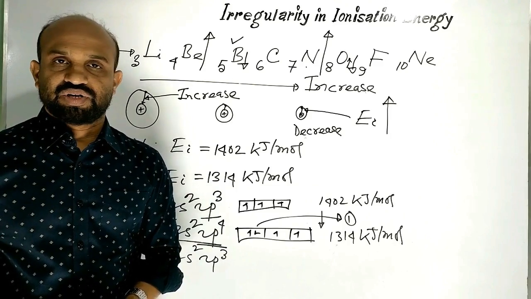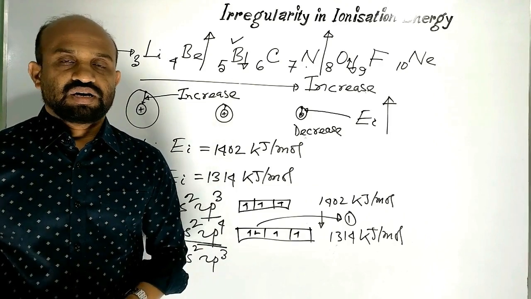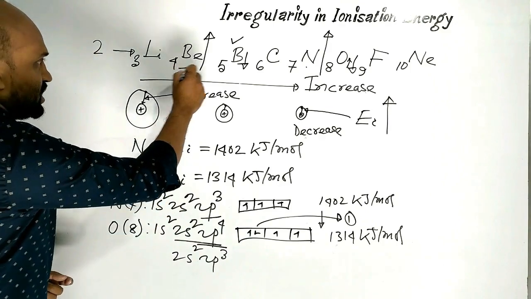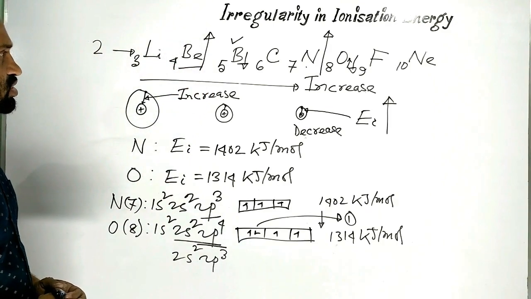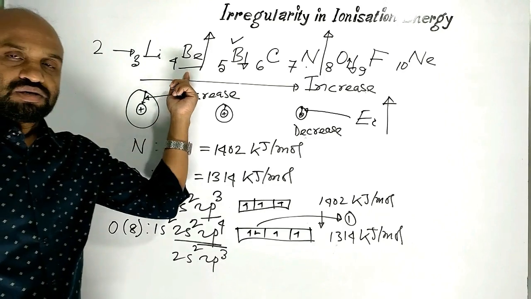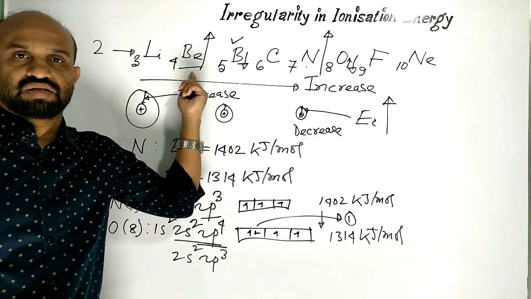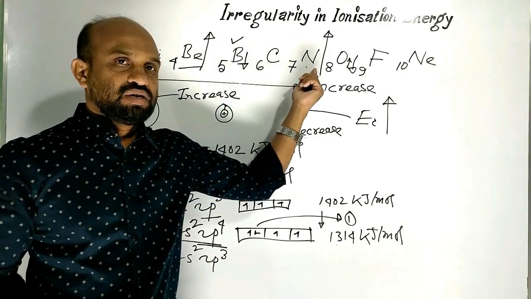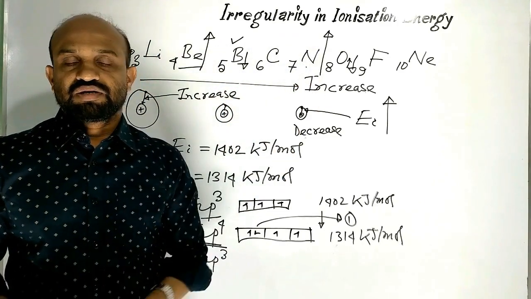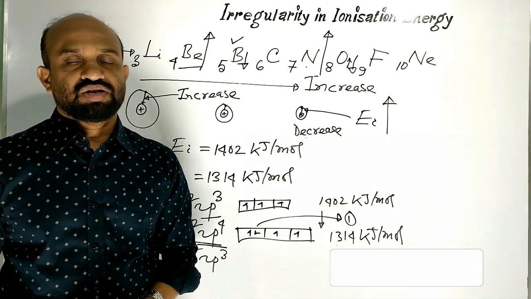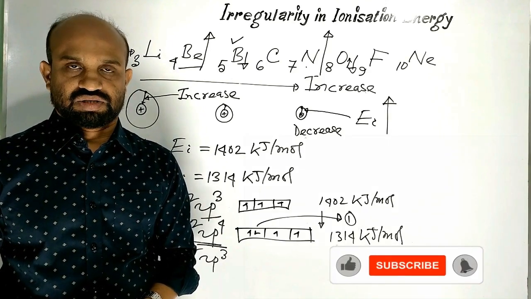Stable electronic configuration, higher energy is required. In beryllium we see stable electronic configuration. That is why ionization energy of beryllium is higher than boron. Again, in nitrogen we see stable electronic configuration. That is why ionization energy of nitrogen is higher than oxygen.